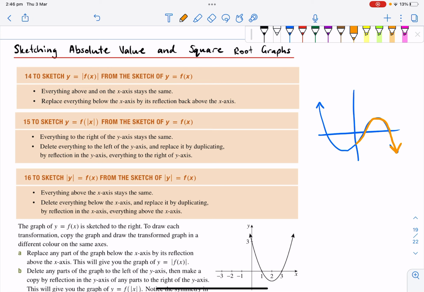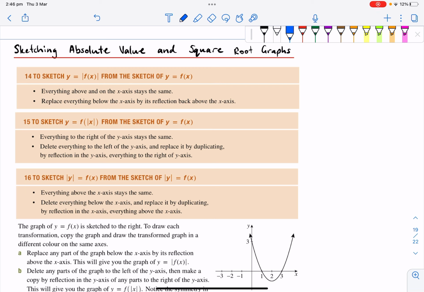For example, this is -1 here, but it's going to take the y value of +1 on this side. This is -2 here, and it's going to take the value of 2 on this side, because you're absolute valuing it. So it's almost like your x-axis only contains positive numbers and 0, with no negative numbers. That was a bit trickier, but it's easy once you do a few examples.